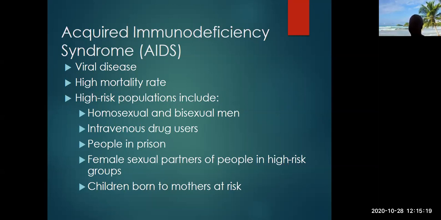Once the person has become infected with HIV, they will have the virus for life. HIV begins to attack the body's CD4, which you probably learned about in Med-Surg, or the helper T cells that are responsible for helping the immune system fight infections.